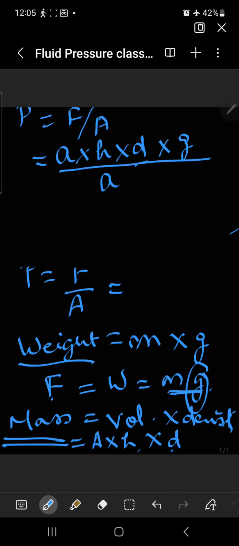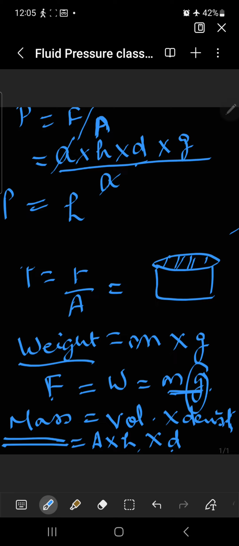And A means area, the area of cross section of the beaker in which we had filled the liquid. So what will happen? This A will cancel out.